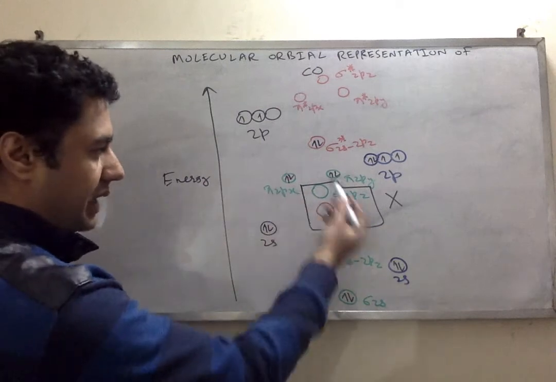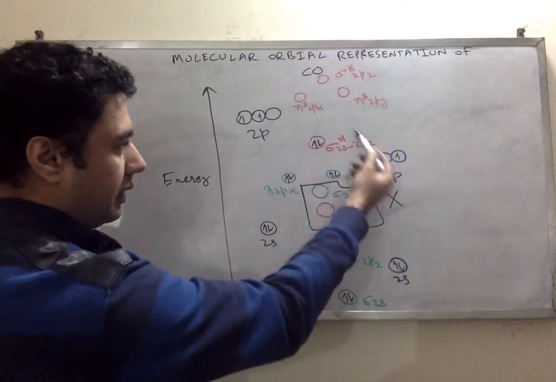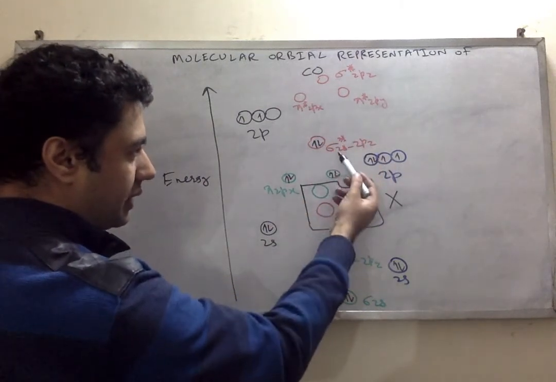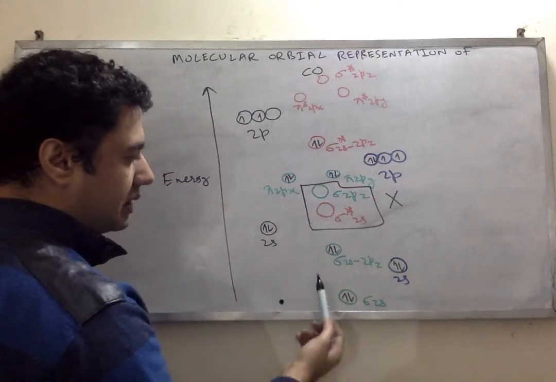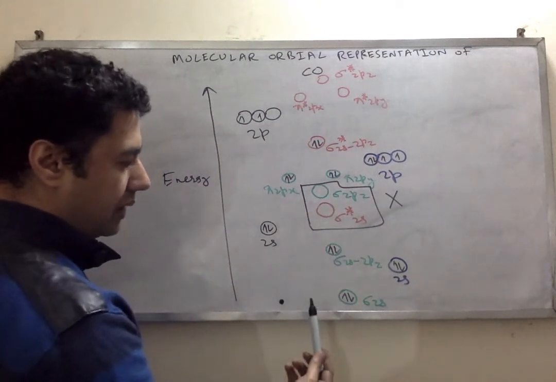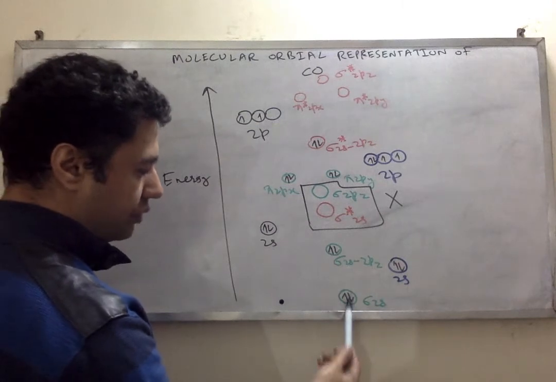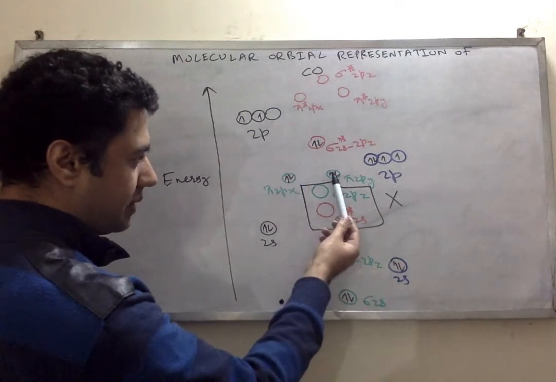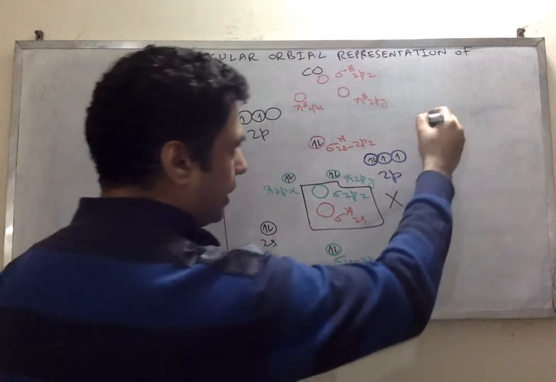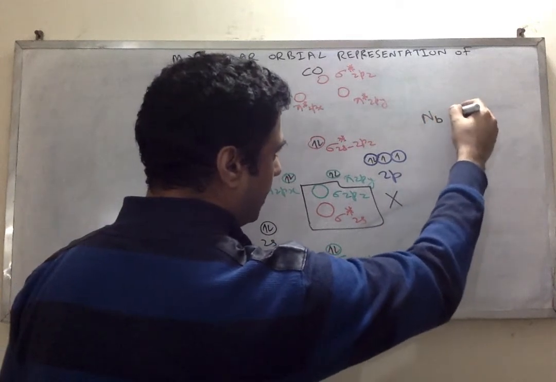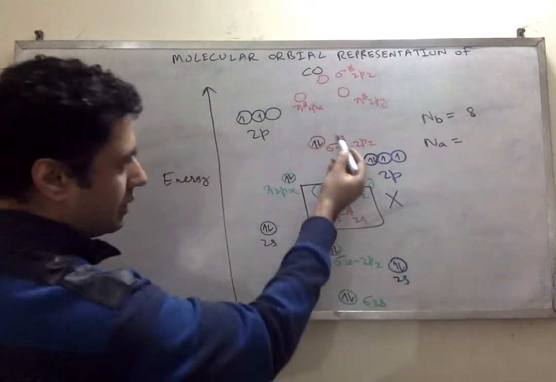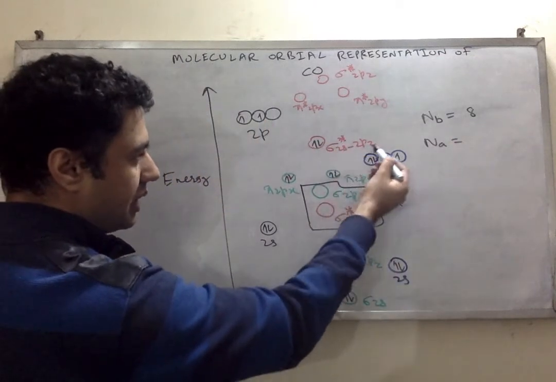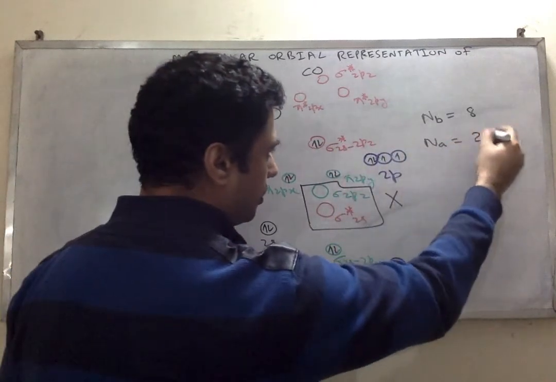So we see that 2 electrons have entered the anti-bonding orbital, that is sigma star 2s 2pz, while the rest have entered bonding molecular orbitals, and we have 2 plus 2 is 4, plus 2 is 6, plus 2 is 8. So our figure for bonding electrons is 8, and the number of anti-bonding electrons present in sigma star 2s 2pz is simply equal to 2.